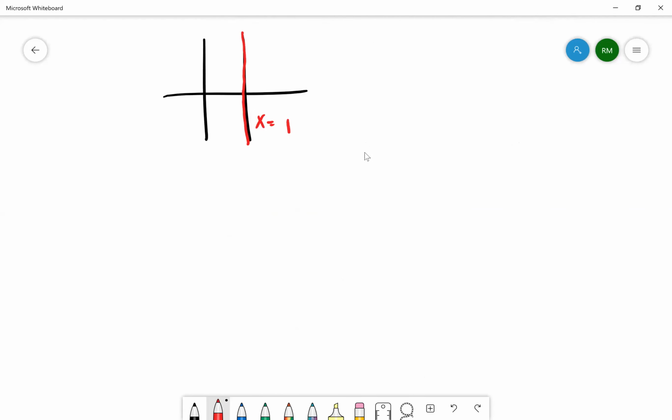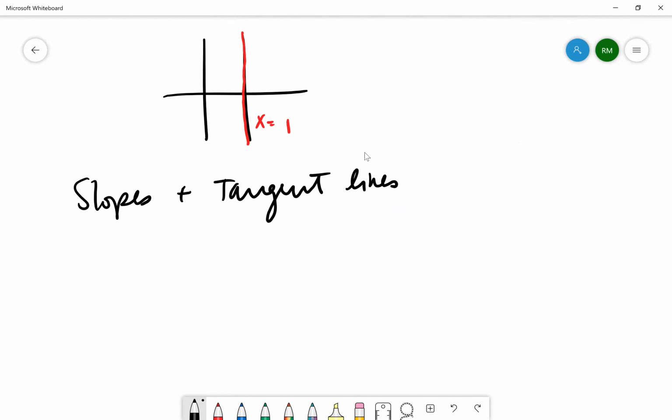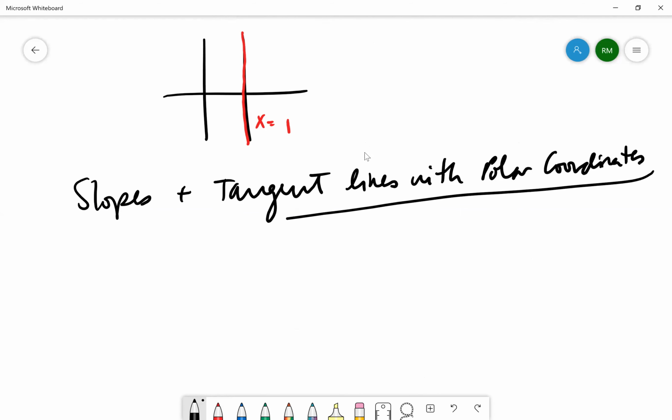And now it's time to do slopes and tangent lines with polar coordinates. Okay, so let's take a look, we have the function r equals f of theta.